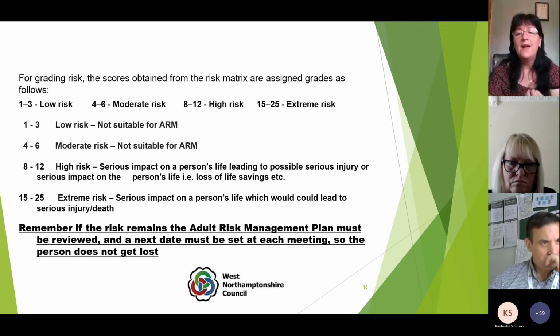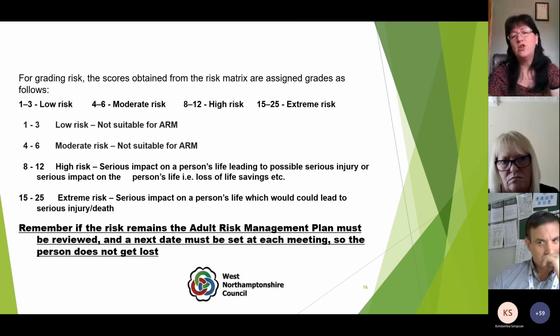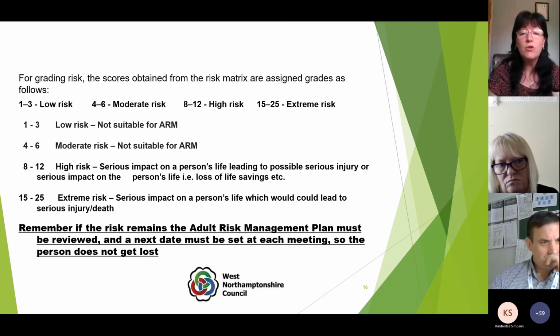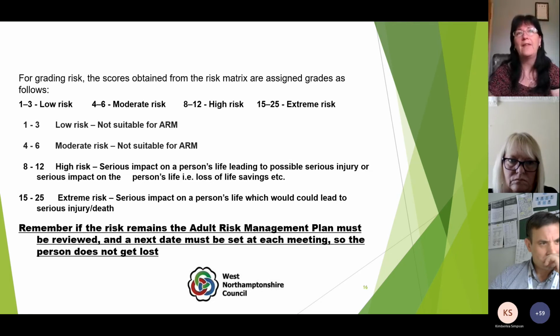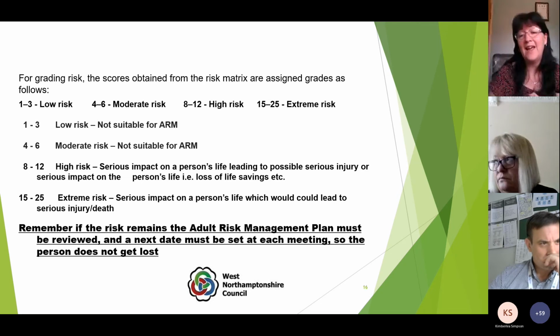So again, as a chair, it's really important to go through this and set this up once you've had those discussions, so that people are really clear: this risk is really high, we understand that, this is the plan we're going to follow to see if we can help reduce or even just manage that risk, and therefore we are going to have a meeting in 4 weeks' time.